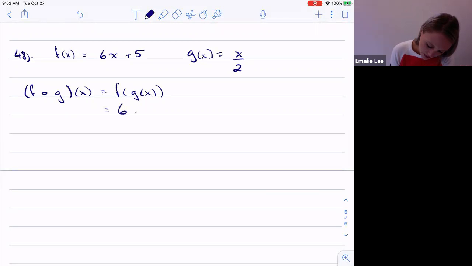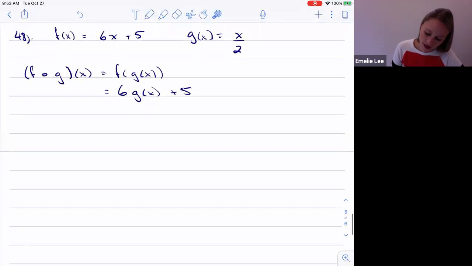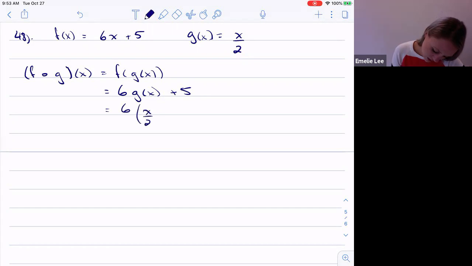So then we have 6 times g of x plus 5, right? Plugging in g of x wherever I see an x in f of x, because that's what this is saying, right? So this is not very telling, but how we rewrite it, that's very telling, right? So 6 times g of x plus 5, and then now I can replace g of x with x over 2, keeping in mind that it's one thing. So 6 times x over 2, then plus 5.